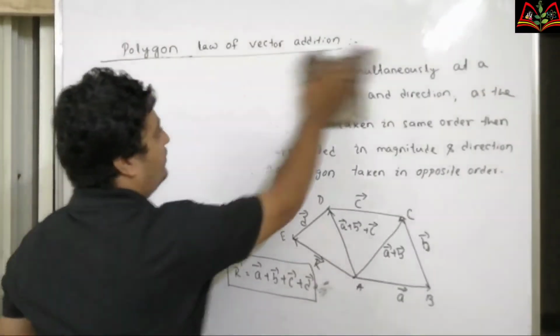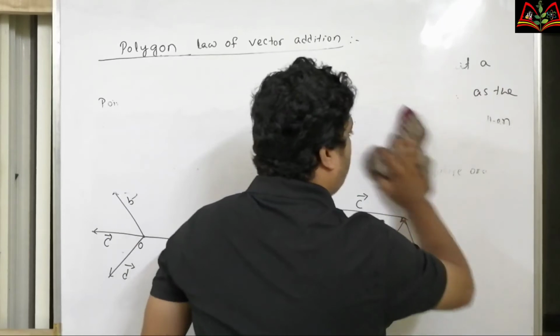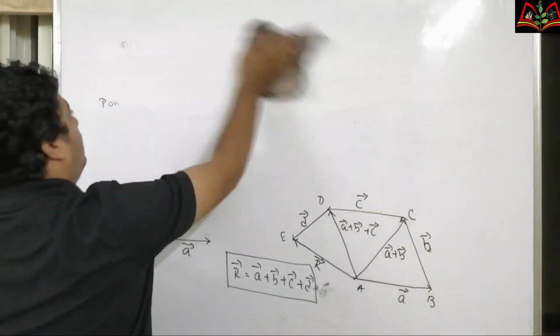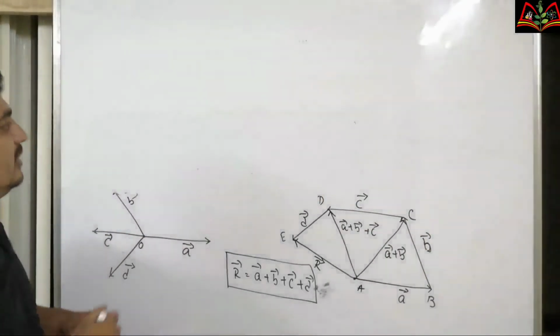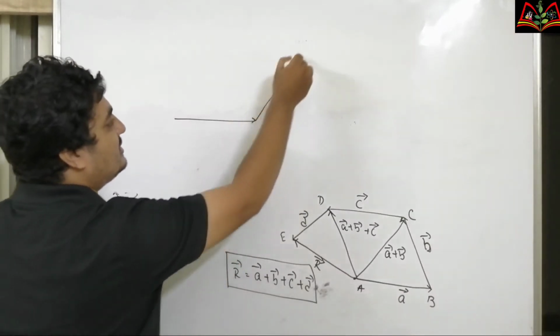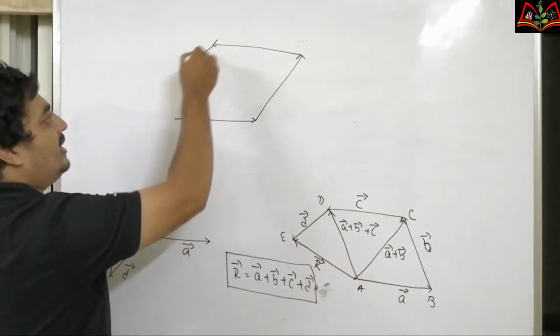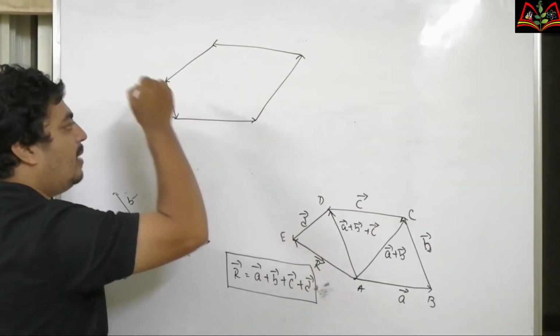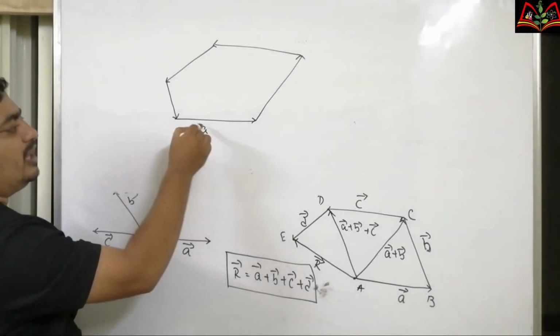Now, if a number of vectors acting at a point are the sides of a closed polygon.